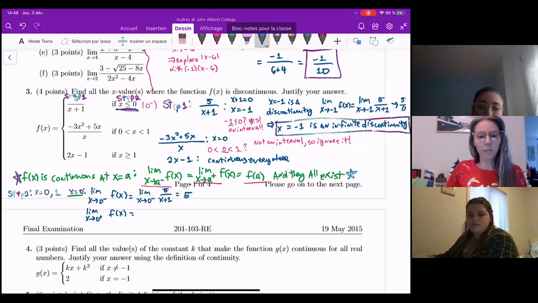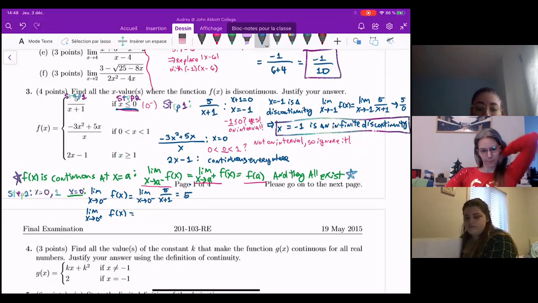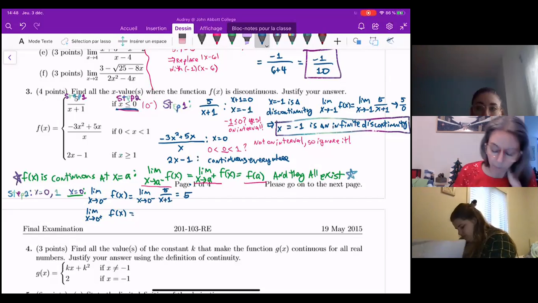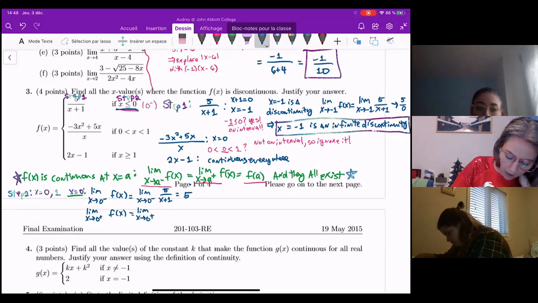Which function am I going to for 0 from the right? 1, 2, or 3? All right, good job, guys. I'm going to the second function. So that's the limit as x approaches 0 from the right of -3x squared plus 5x over x.